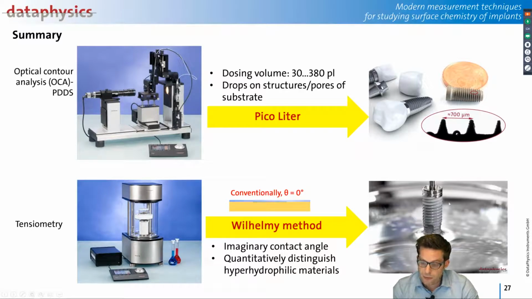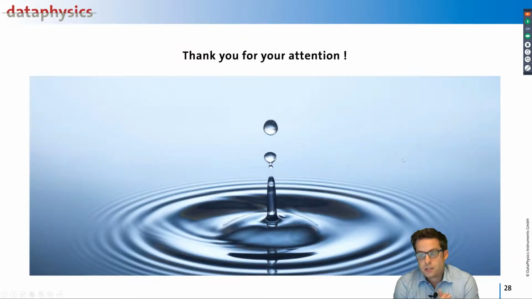So we get an average over the whole implant, so we need to be sure that the implant surface is homogeneously treated beforehand. Okay, so I hope this was an interesting overview, with some ideas for how you can do these challenging measurements. And now I would be very open for questions from your side. Thank you very much for your attention.